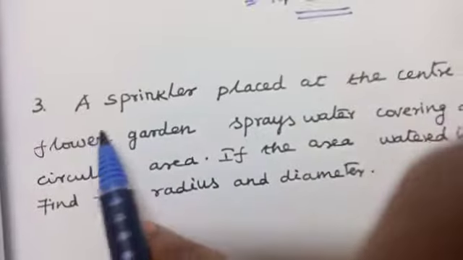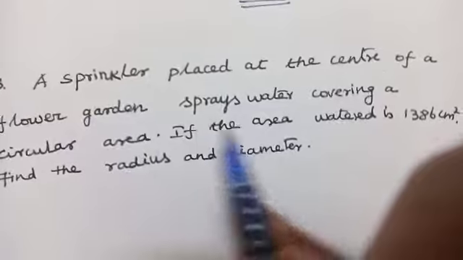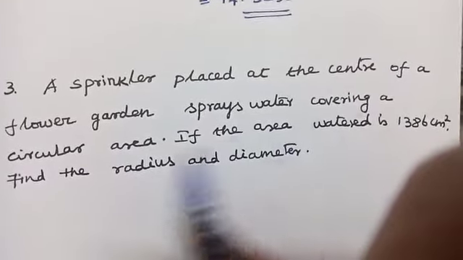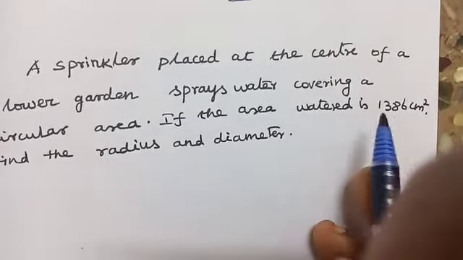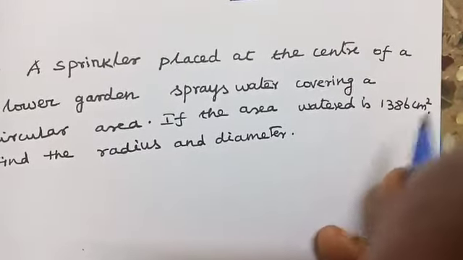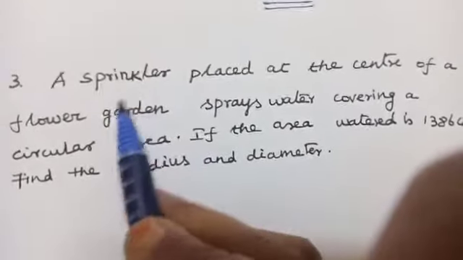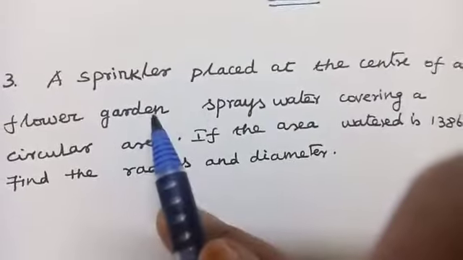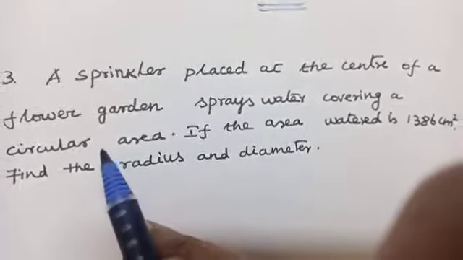Next, third question: a sprinkler placed at the center of a flower garden sprays water covering a circular area. If the area watered is 1386 centimeter square, find the radius and diameter. You know the sprinkler in the flower garden sprays water covering a circular area.